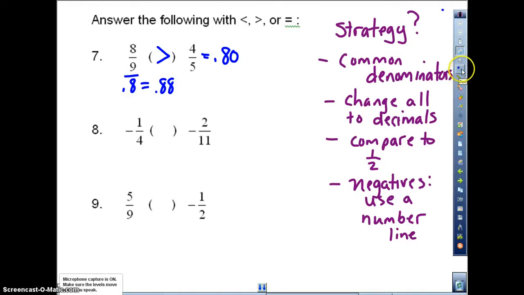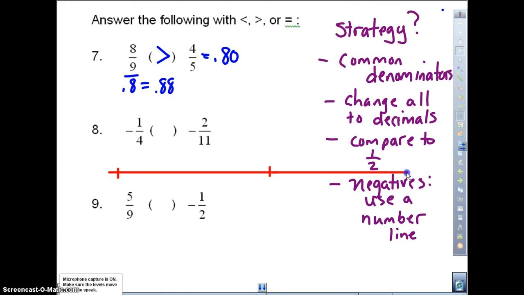Okay, let's compare -1/4 and negative 2/11. Okay, here's where things get a little tricky. Remember, you got to kind of think backwards. I'm going to put 0 right there and negative 1 right there. Well, I probably should have extended this in case you want to reflect. So I'll extend it over here and make that positive 1.